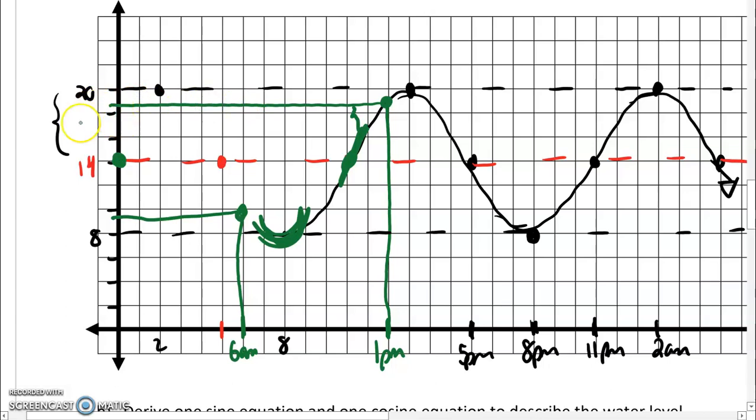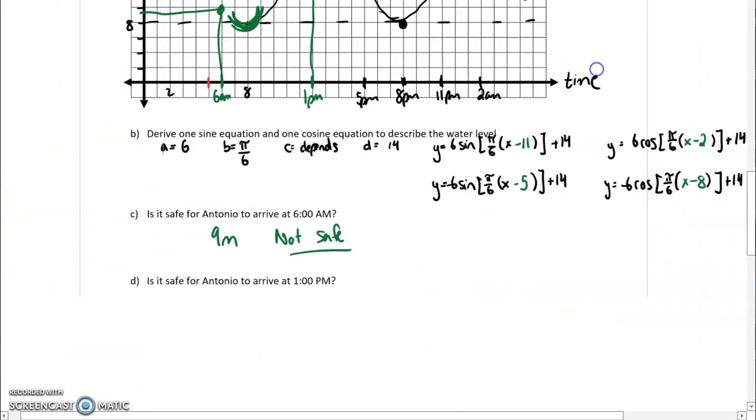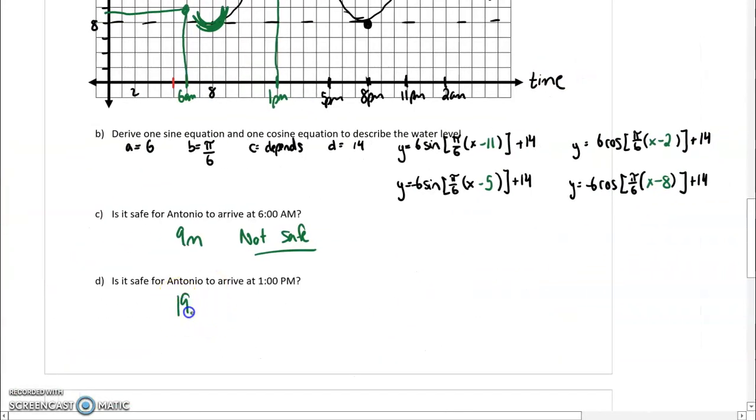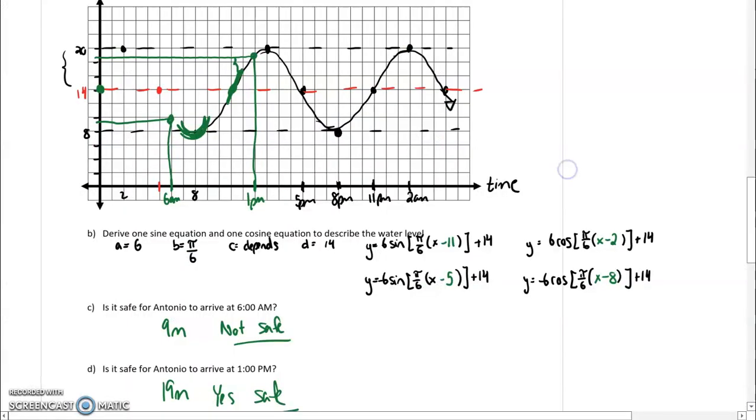So it looks like, again, they go up by 2, so it looks like it's around 19 meters. So I have 19 meters of water. I only need 15, so yes, it is safe. So my graph got a little bit erased here, but that is everything.